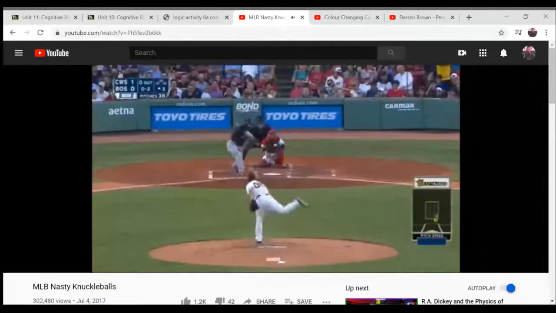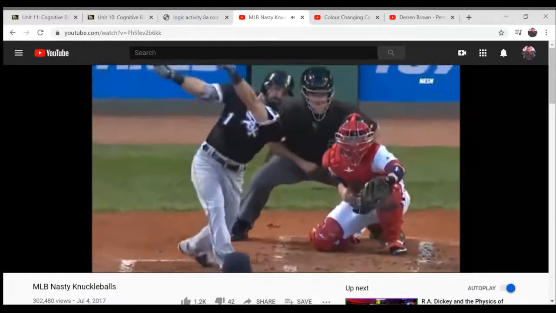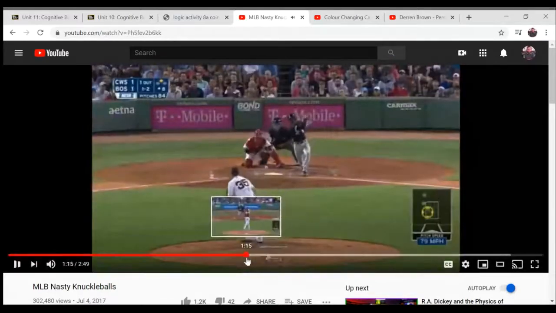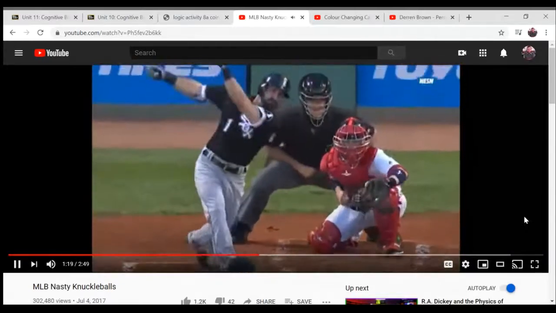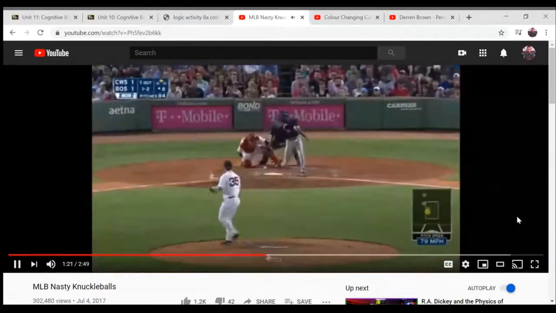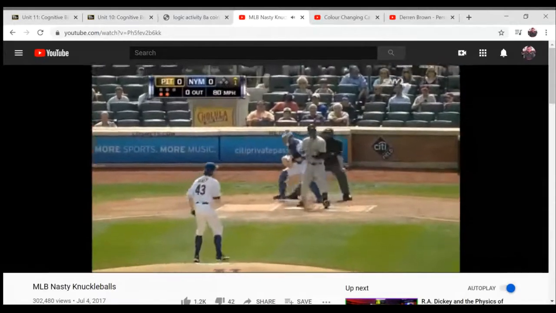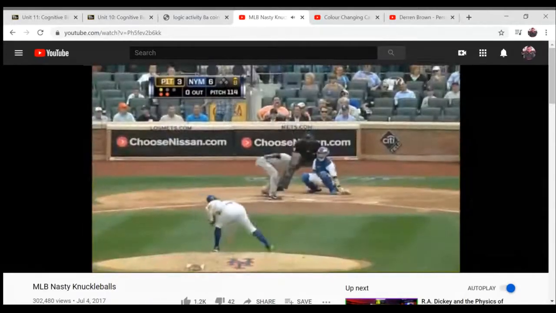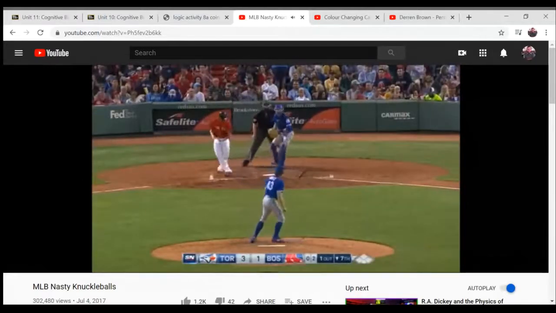When a ball is thrown to us with no spin whatsoever, it looks weird. Here's a great example. Did you see that ball not spinning at all? Look at that, it's not spinning. They do such a good job of fooling people that even the catchers are fooled. Look at how many times the catcher doesn't even catch the ball when it's thrown.